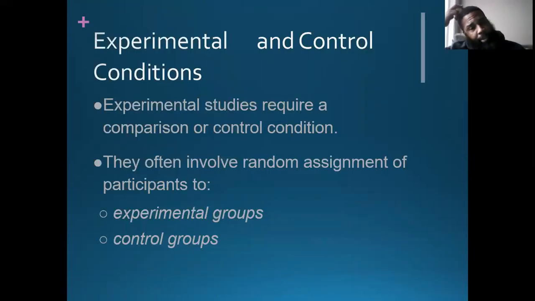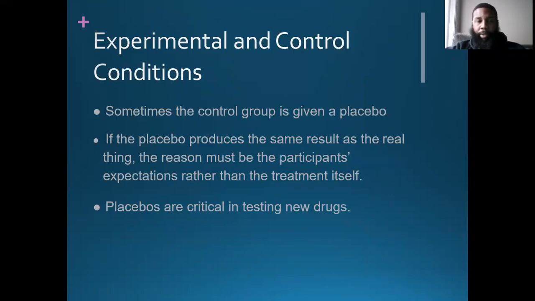So experimental groups and control groups, now you know, the control group is the one that doesn't get your manipulation, but your experimental group is the one that does get your manipulation. Now, sometimes a control group is given what's called a placebo. Right? A placebo, I know it's a funny sounding word, right? But a placebo is simply a treatment that is made to resemble the real treatment.